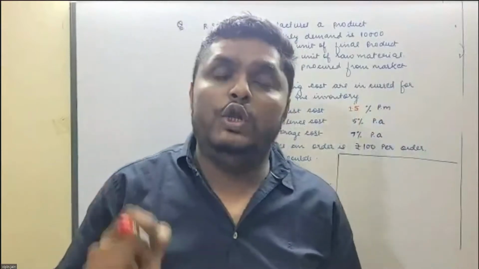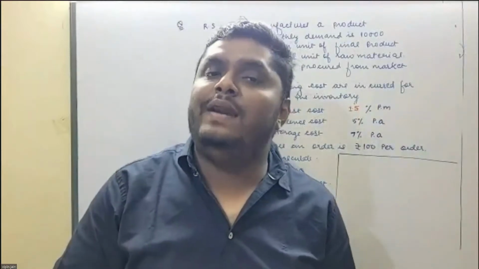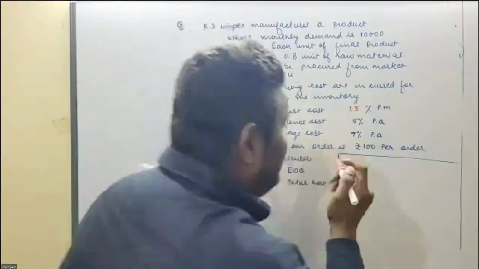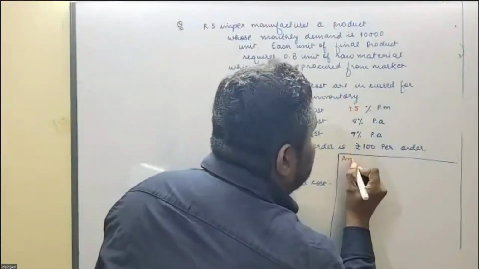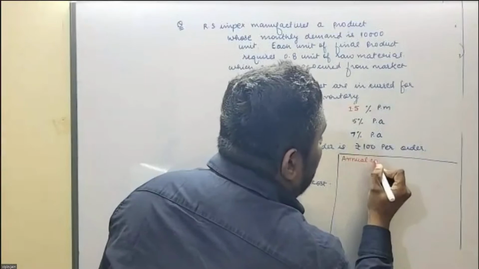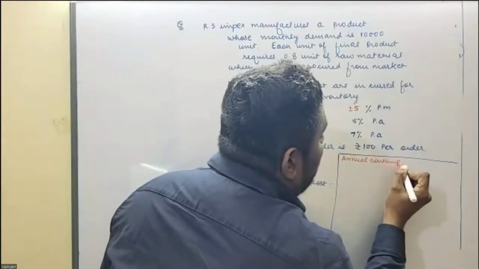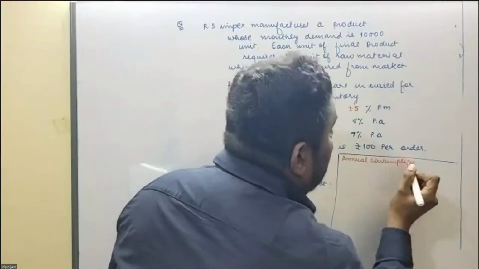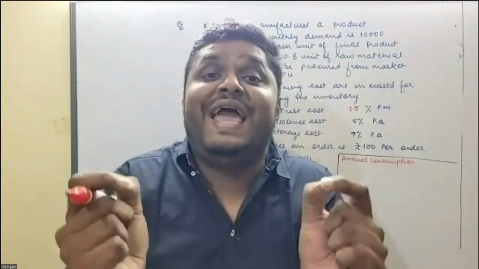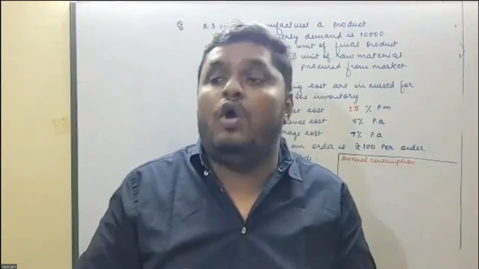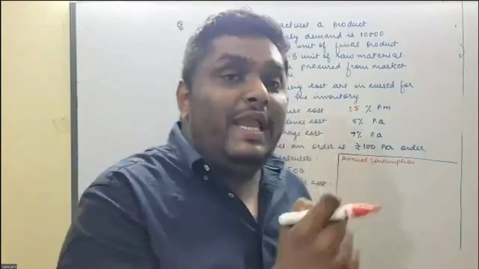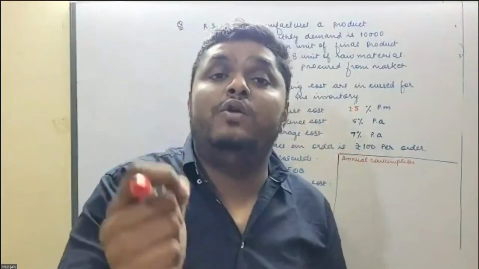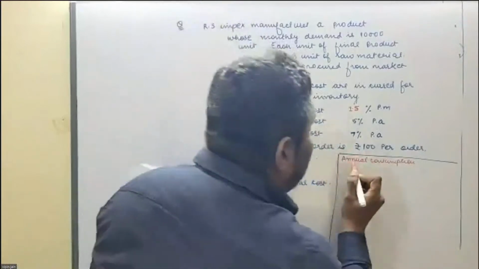So guys, as I told you, three elements are required for calculation of EOQ, wherein the first one is annual consumption. Annual consumption means annual consumption of raw material. Harshu, now your answer is correct. Very good. So when talking about annual consumption, it talks about the annual consumption of raw material.